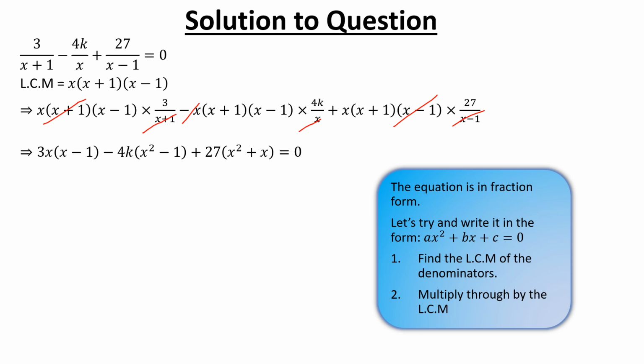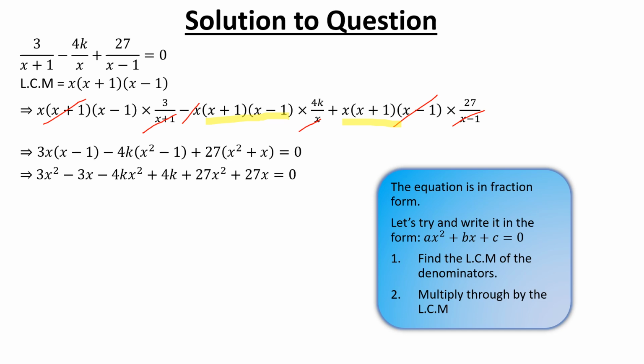So that's how we got it. This x squared plus x, and this is the difference of two squares, so you get x squared minus 1. And here x times x minus 1, but there's a 3 here, so 3x. That's it.